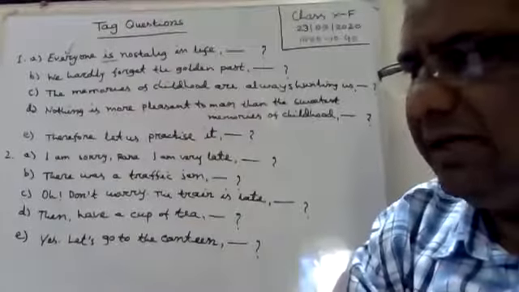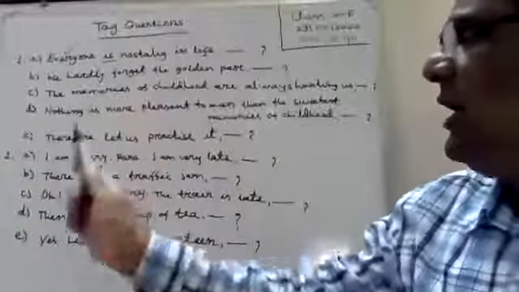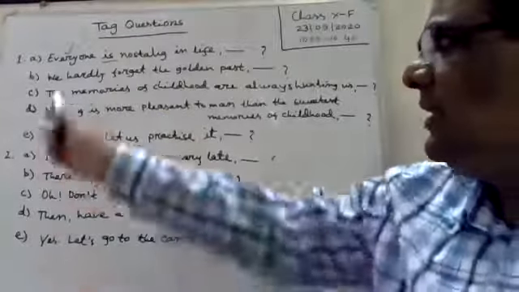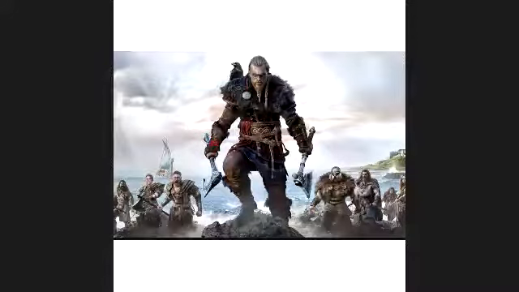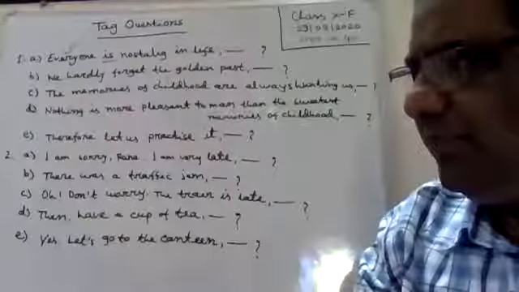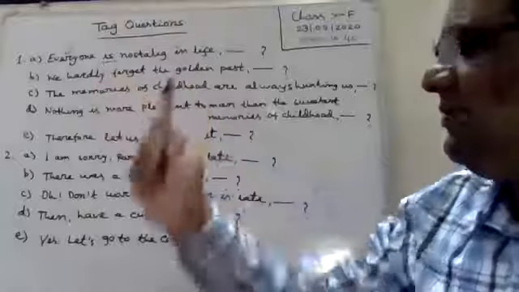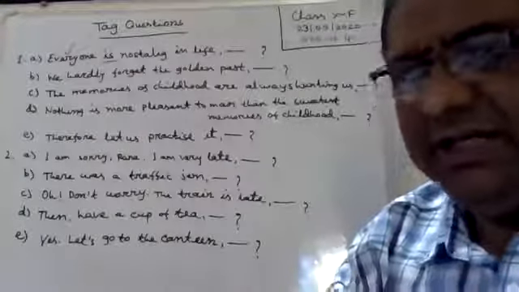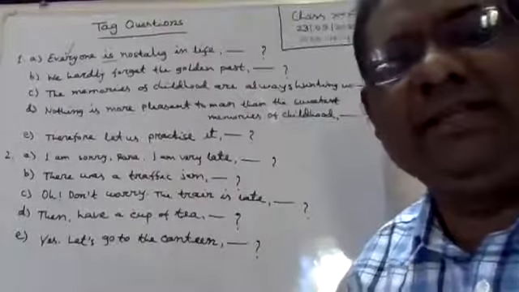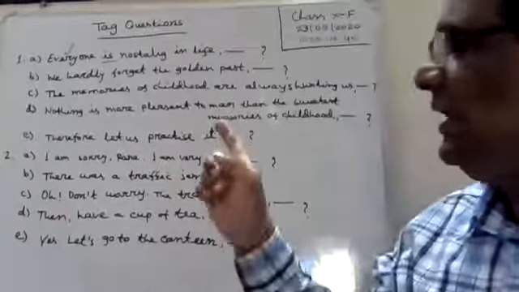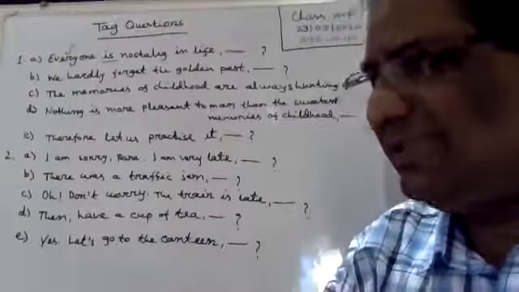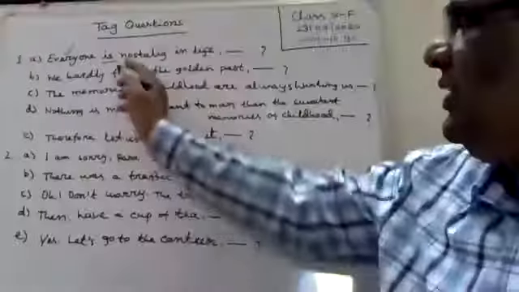Just I am making you to remember that you have to apply your auxiliary verb first, then subject, then if the sentence is in the affirmative, then you have to use a negative particle and apostrophe T. If the sentence is in the negative, you need not use the particle and apostrophe T. So these 3 things.